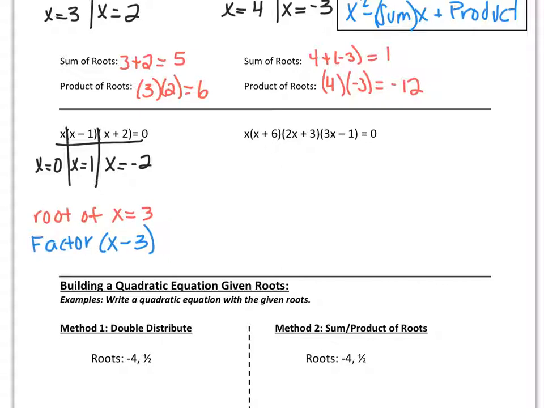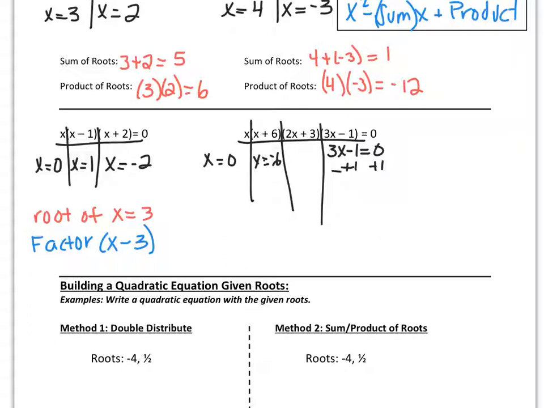Okay, now let's take a look at the second example. I have a little bit more terms here. So the first one, x is 0 and x is negative 6 are my roots. Now the second two here are a little bit harder, but you would just do 3x minus 1 equals 0, add the 1, and divide by 3.